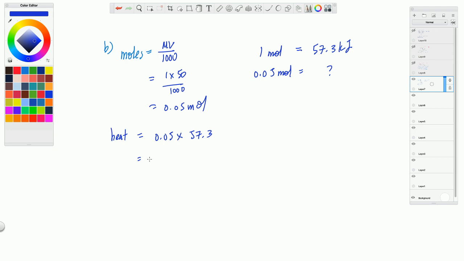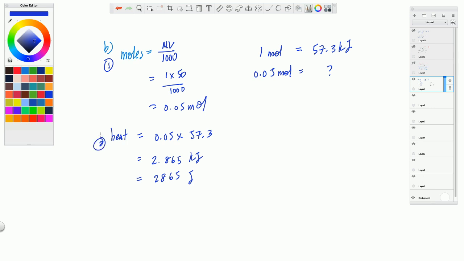So you get 2.865. Okay, now here's the part that is very important. Units. This is in kilojoule. Every time you get something in kilojoule, change it to joule. 2865 joule.